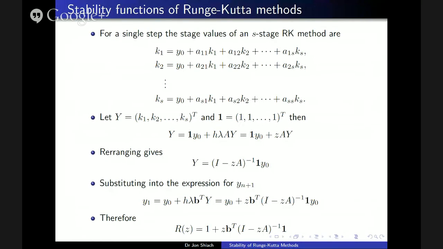Okay, so b is a column vector of your b values, but it's transposed, so that then becomes a row vector times your stage values. From here, Y is this matrix inverted times 1, y0. So instead of this Y here, I replace it by this, and we have that.